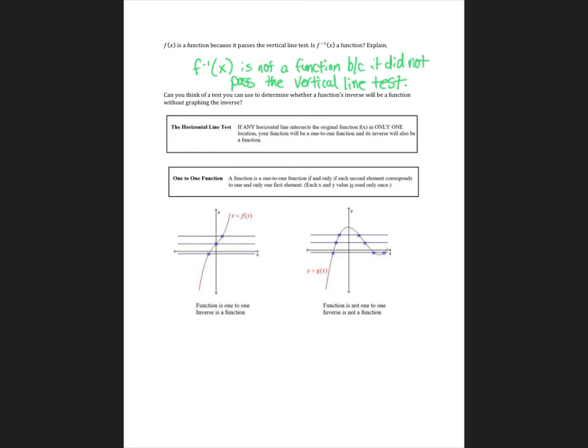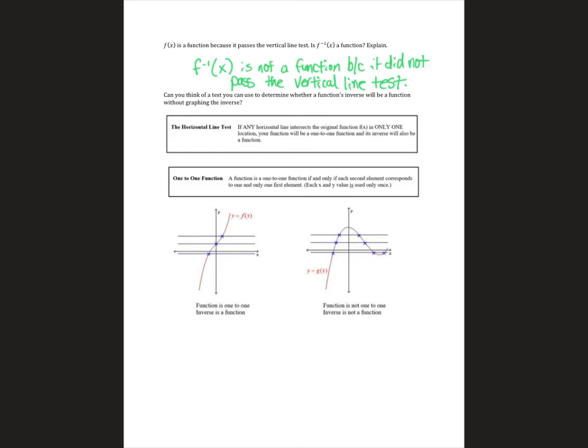So I have a function y equals f of x, and I draw in a horizontal line. Remember, you can test this at any point in the graph, so I'm just showing you more than one horizontal line test. But notice in that first graph, anywhere I draw a horizontal line, it only intersects the graph exactly one time.